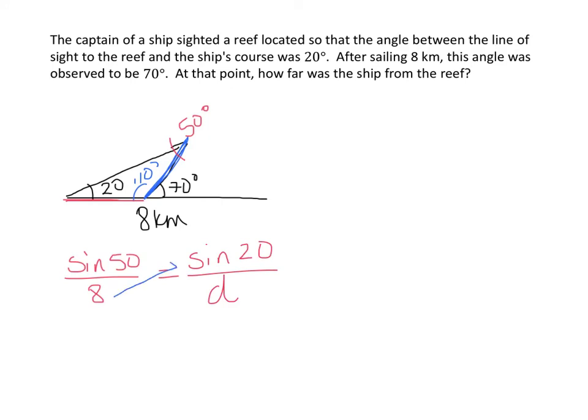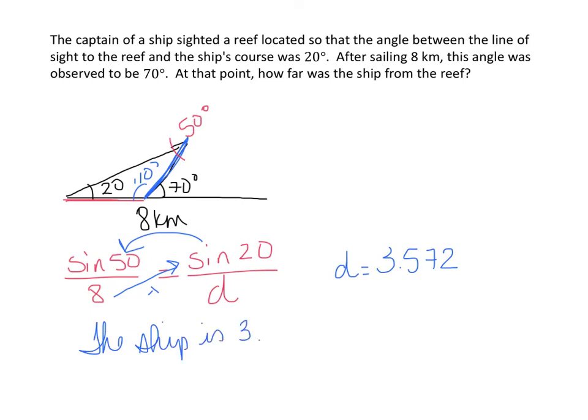Cross multiplying 8 times the sine of 20 divided by the sine of 50 will give you the measure of d. You calculate d to be 3.572. Because this is a word problem, we have to write our answer as a sentence. The ship is 3.572 kilometers from the reef.